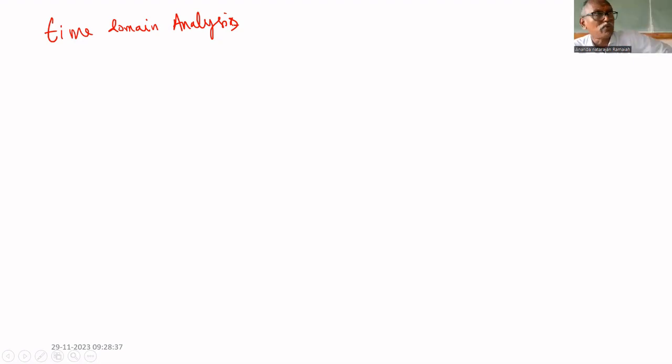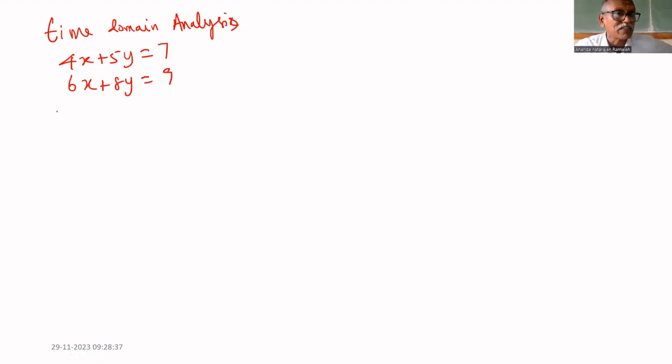Two variables need two equations. Suppose I have 4x plus 5y equal to 7, and 6x plus 8y equal to 9. You can find x and y by multiplying the first equation by 6 and the second by 4, cancelling x and finding y. Then you can find x. That is algebraic equations.